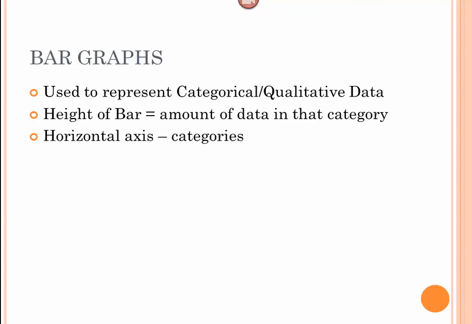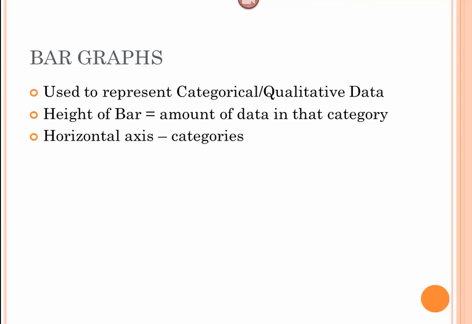Now remember, with categorical data, it's non-numerical in nature, and so where we place those categories on the x-axis is really up to us. So there is no set way to organize those bars. If they are put from lowest to highest or highest to lowest, we give it another name, it's called a Pareto chart.